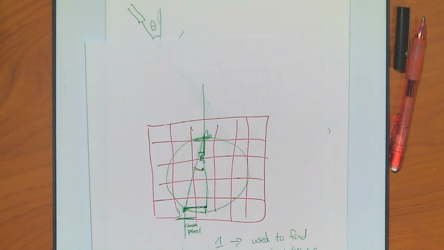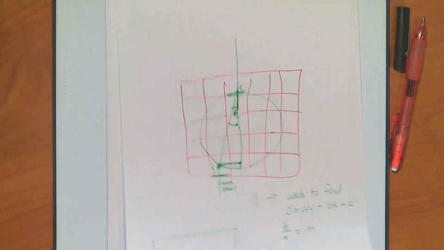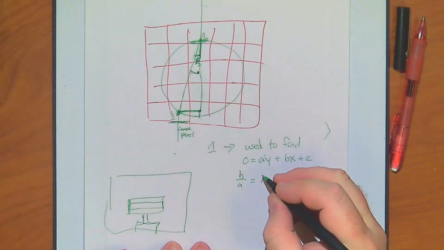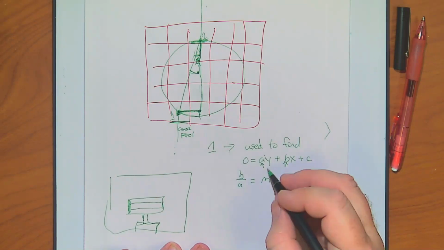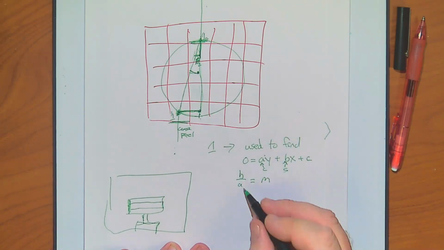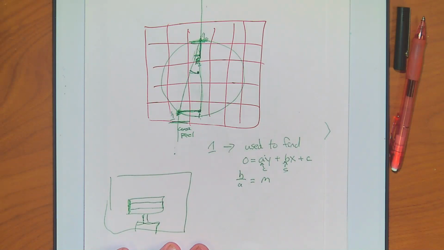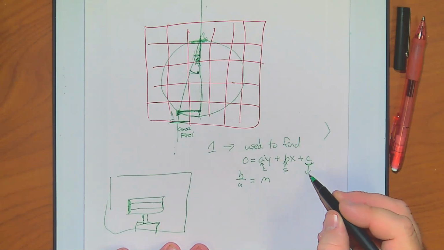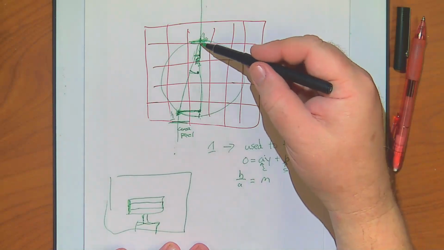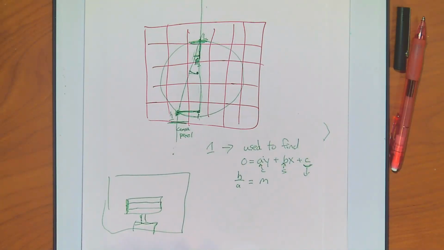stick that point in, and solve for the one missing coefficient. Because in this case, if you're doing a straight line, these are your cosine and your sine now because of this relation. So to find this, you would solve for this one by using a known point where the laser hits. That's one of the endpoints of your straight line.